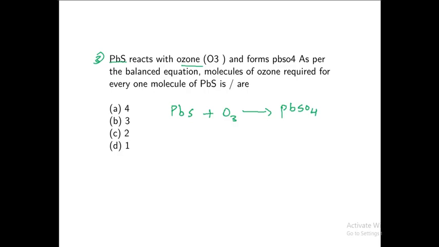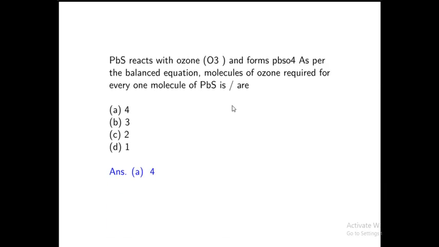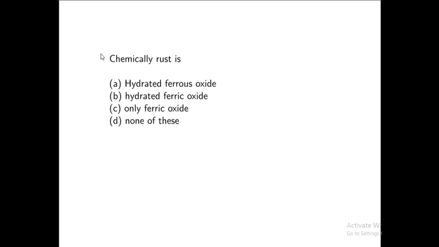To make this equation balanced, what do you need to add? How many molecules of ozone are required for every one molecule of lead sulfide? Here we require 4 molecules of ozone. So the answer will be 4.